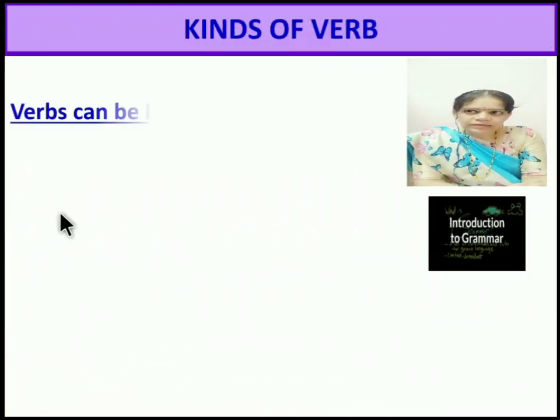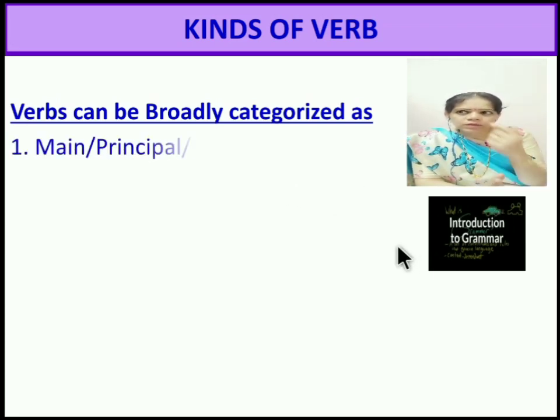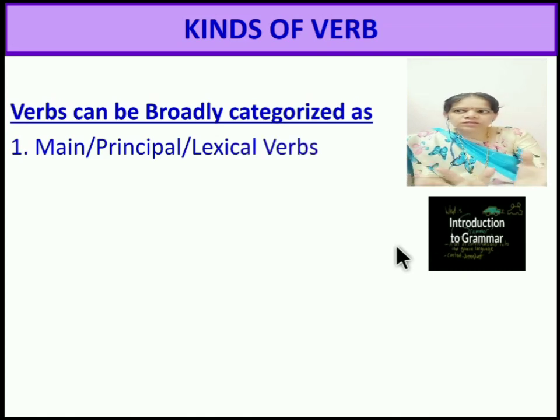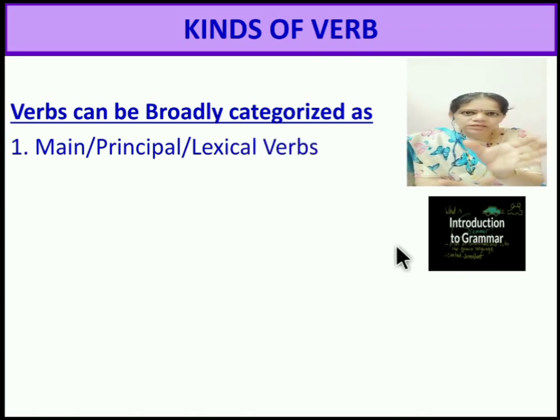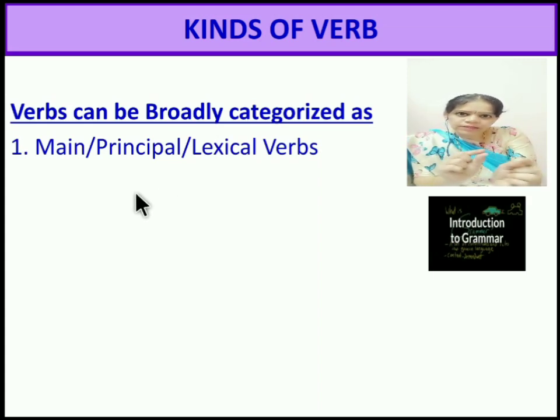Now in this slide, let's deal with the kinds of verb. We're not talking about the forms of verb. Here we are going to deal with the kinds of verb. Like we talked about the subject and the object in a sentence, in the sentence there stands a verb, and that verb is supported by supplementary words like linking, helping, auxiliary verbs.